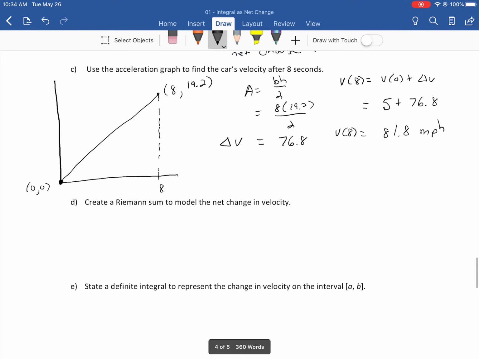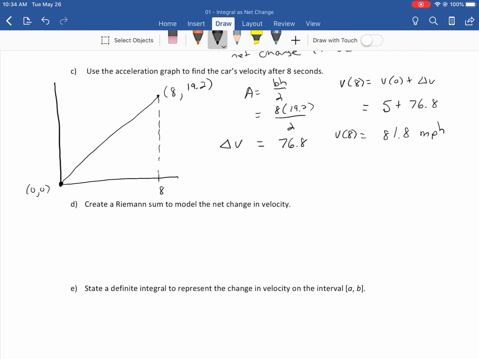Okay, next question, create a Riemann sum. So for a Riemann sum, you can go anywhere you want. We're going to divide this into a whole bunch of trapezoids or rectangles or whatever we choose. And then the Riemann sum says, at some value of time, which we're going to call tk, this will have some value tk, comma, acceleration at tk.